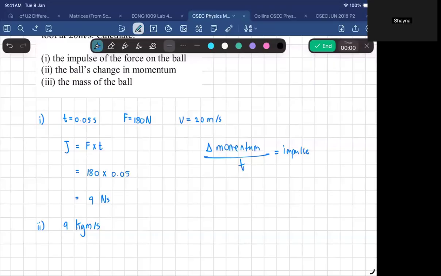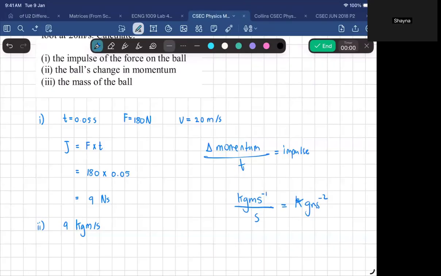So the units for momentum, kg m s minus 1, all over time, would work out to be kg ms minus 2.